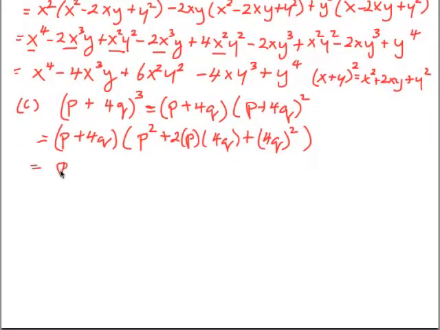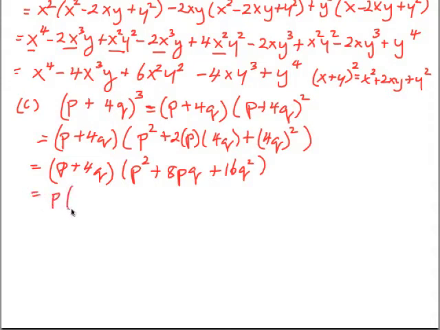So that'll be p plus 4q by p squared plus 8pq plus 16q squared. So now, of course, we can apply the p to this second term plus the 4q to this second term.